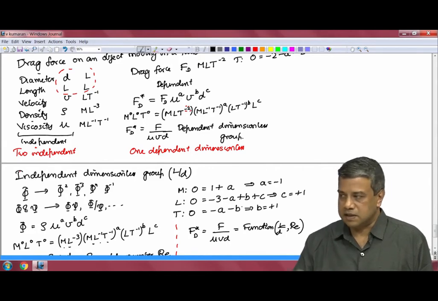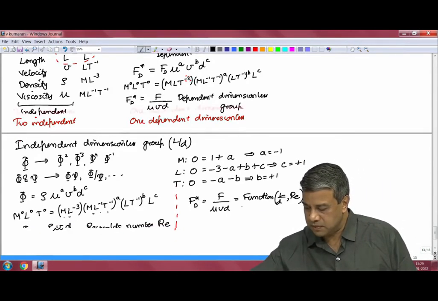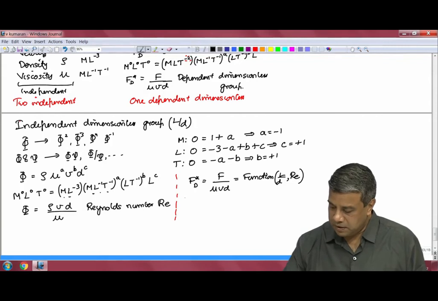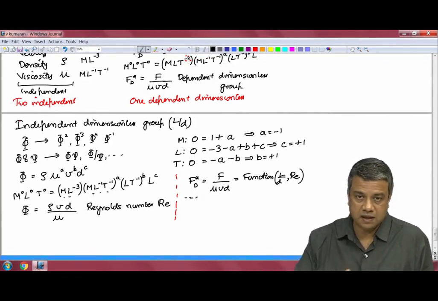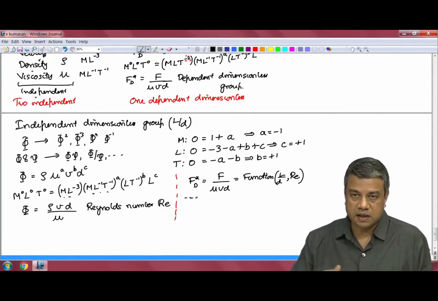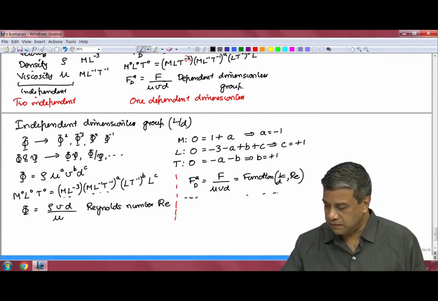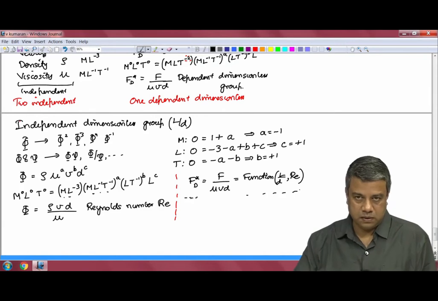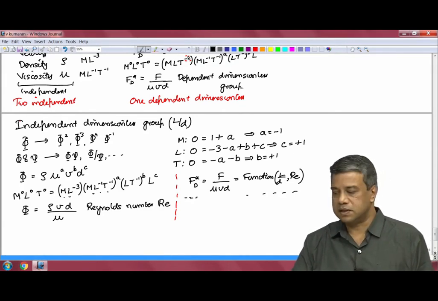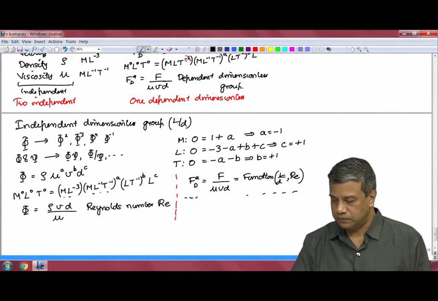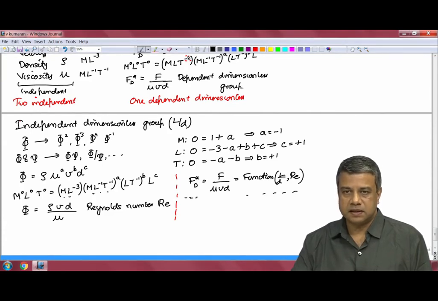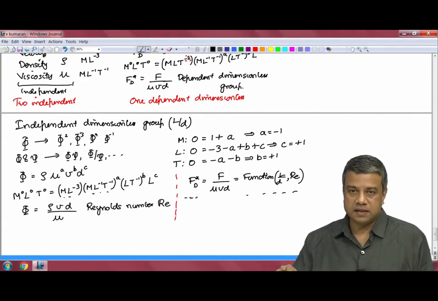By dimensional analysis, we have reduced this to a relationship between one dependent dimensionless group, which is the scaled, non-dimensional drag force, as a function of 2 independent dimensionless groups, that is the ratio of lengths and the Reynolds number in this case. So, that is the power of dimensional analysis. It has reduced the dependencies in the problem.